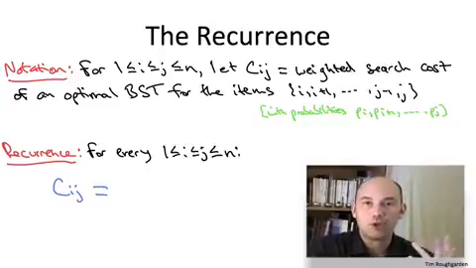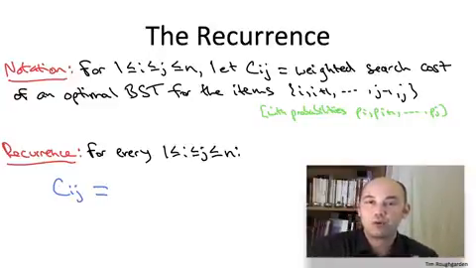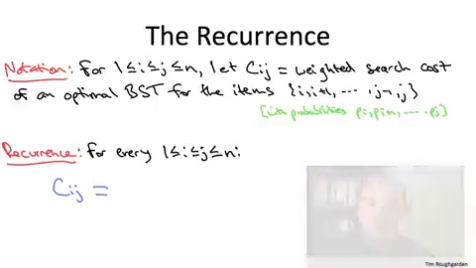Now we don't know what the root is. There's j minus i plus 1 possibilities. It could be anything between i and j inclusive. So as usual, we're just going to do brute force search over the relatively small set of candidates that we've identified. So brute force search we encode by just explicitly having a minimum.